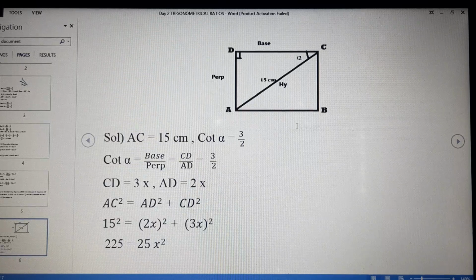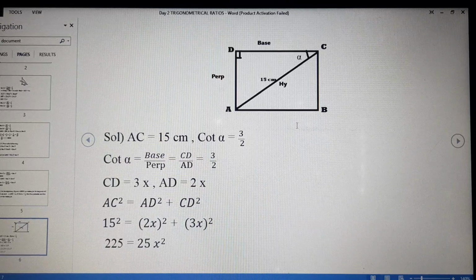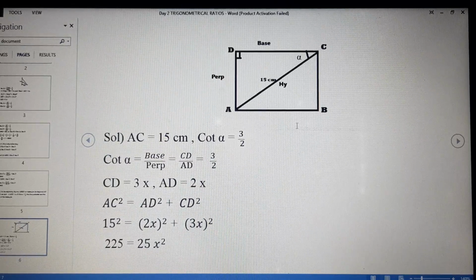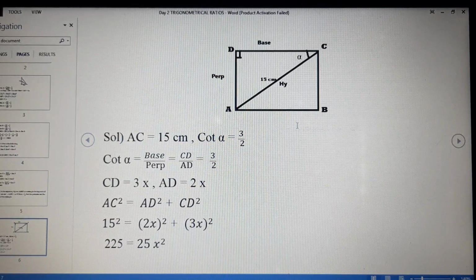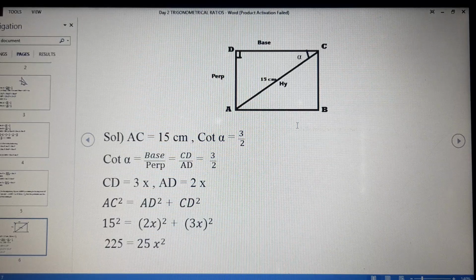Now with the help of Pythagoras theorem, we'll use hypotenuse square is equal to perpendicular square plus base square in a right angle triangle ACD. Hypotenuse is AC, and AD and CD are the perpendicular and base.